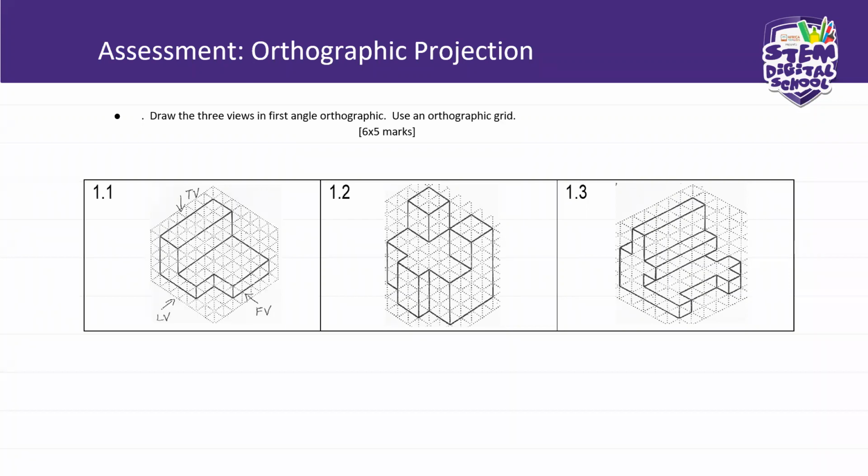It's not oblique because we don't have one face facing the reader. What type of drawing is this? It's isometric, Kwezi. It's isometric.